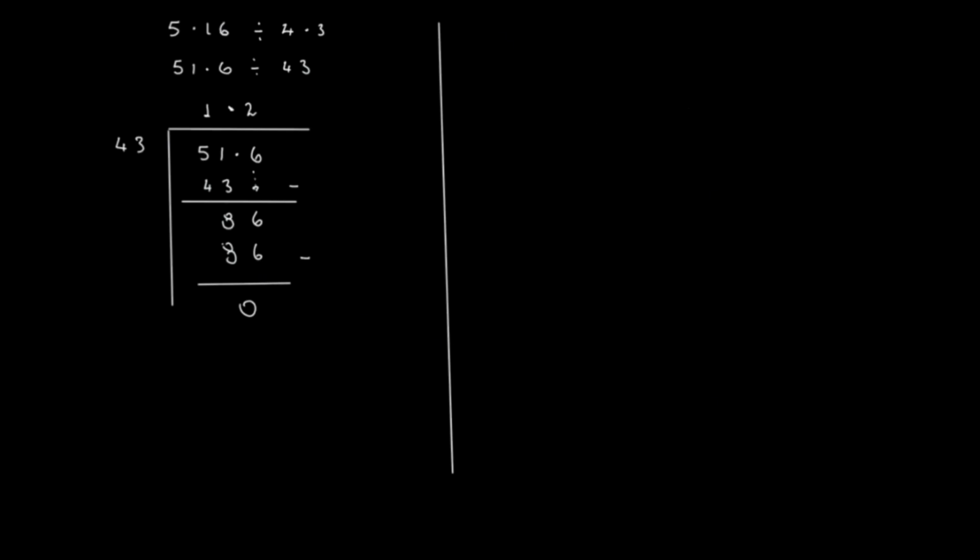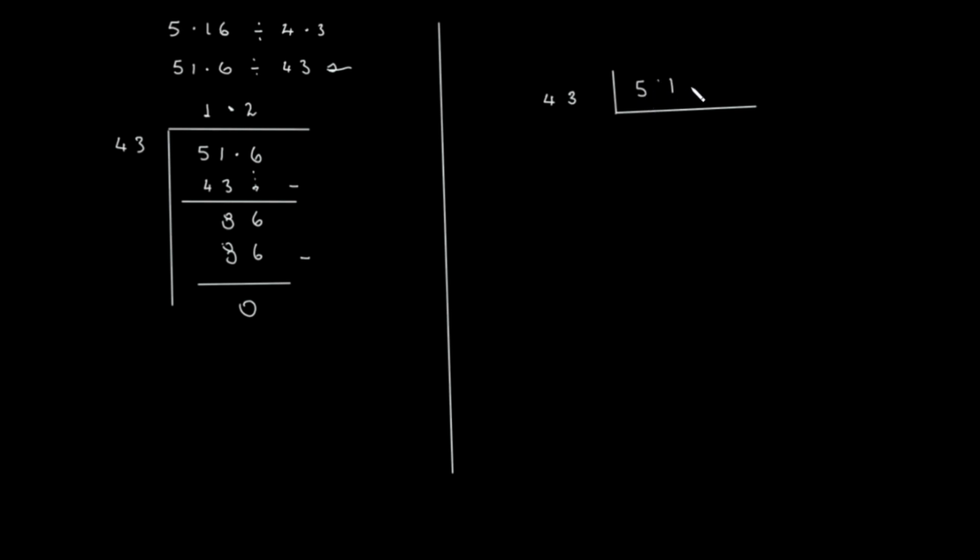Okay, short division method. Again, I'm going to use that one. Remember, they both give the same answer because it gets rid of the decimal point there. So we have 43, and we divide that into 51.